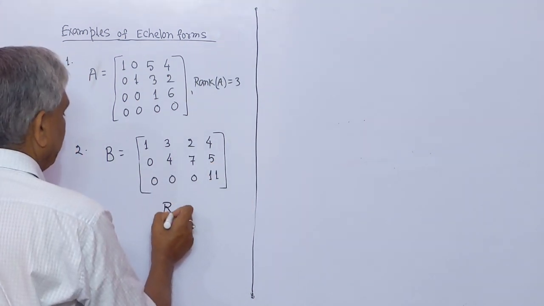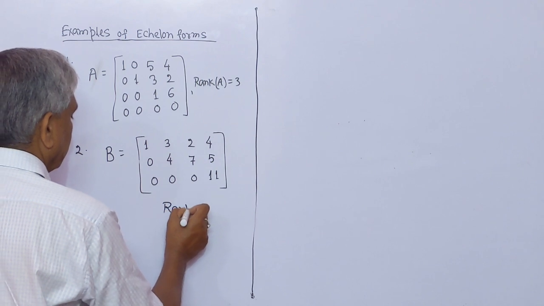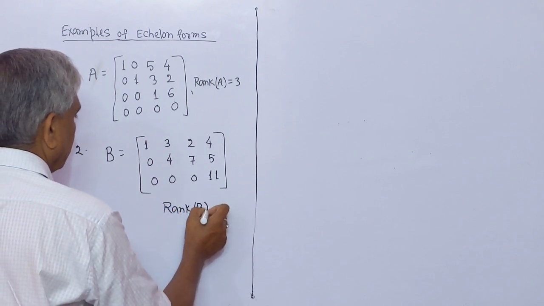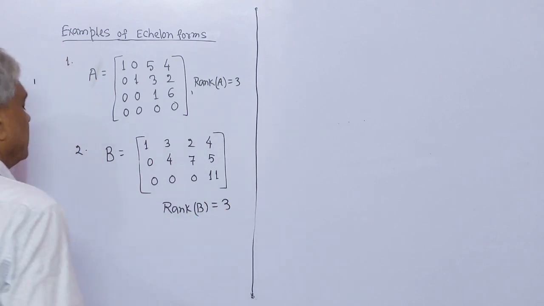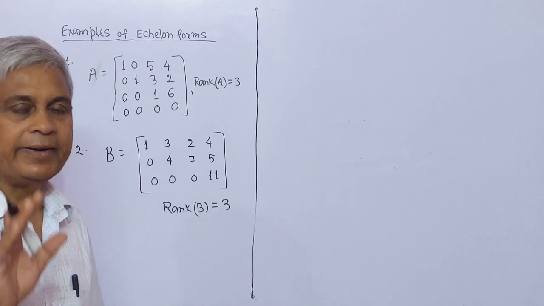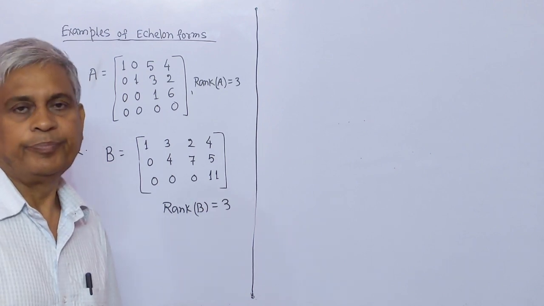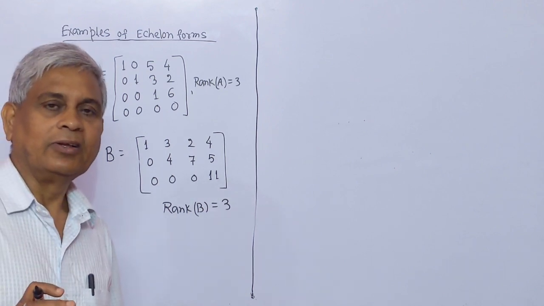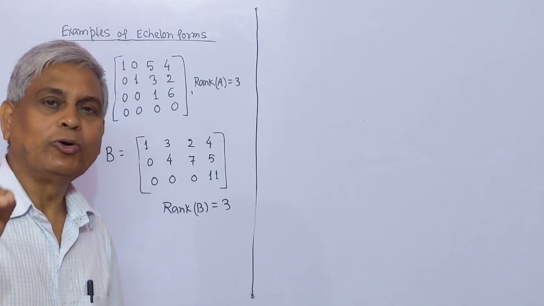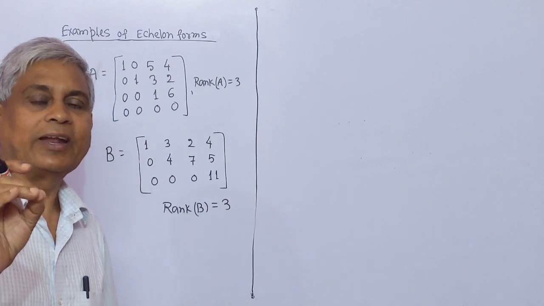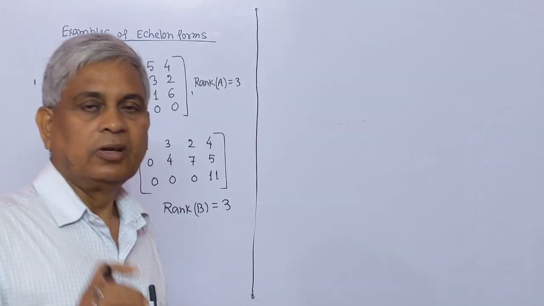So rank of B is also 3. If a matrix is in echelon form, then the number of non-zero rows denotes the rank of that matrix.